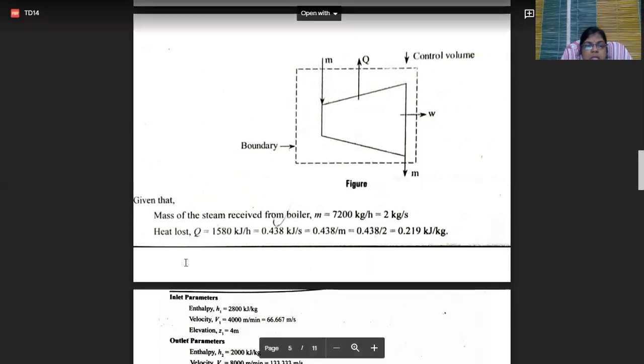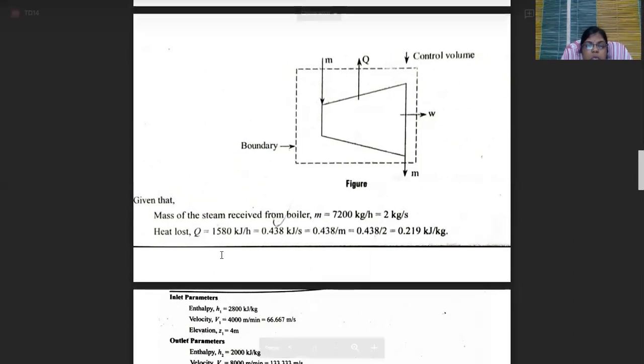And next, heat loss is nothing but Q. So 1580 kilojoule per hour. Already 1 hour is 60 minutes, 1 minute is 60 seconds, so 1 hour is equal to 3600 seconds. So 1580 divided by 3600 gives 0.438 kilojoule per second.